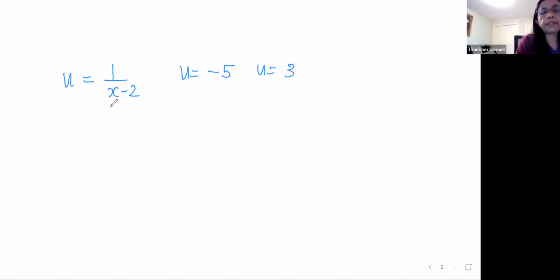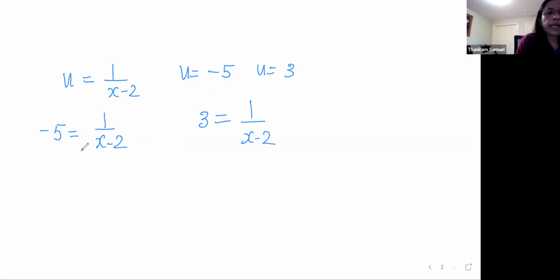So to solve for x, set u equals negative 5. So negative 5 equals 1 over x minus 2. And also we need to set u as 3. So 3 equals 1 over x minus 2.